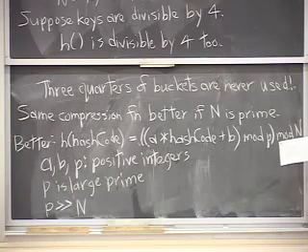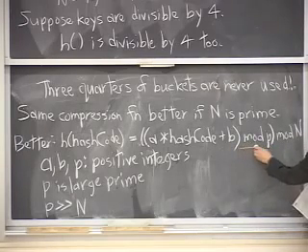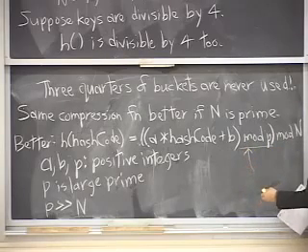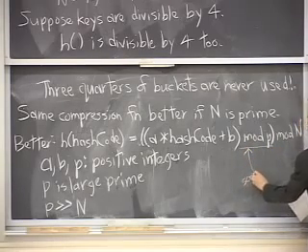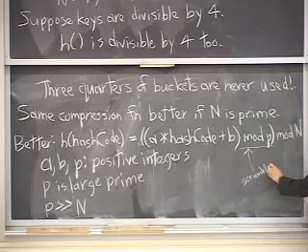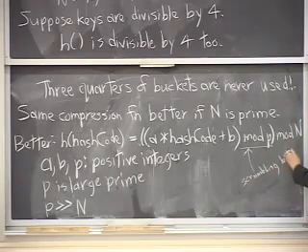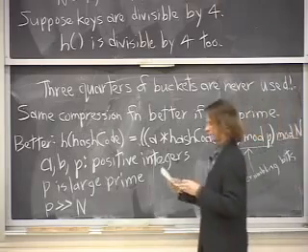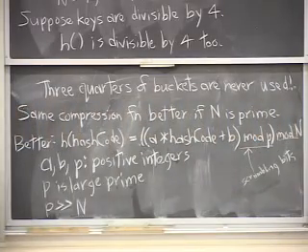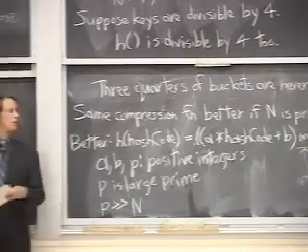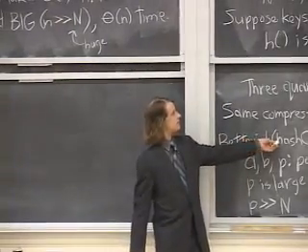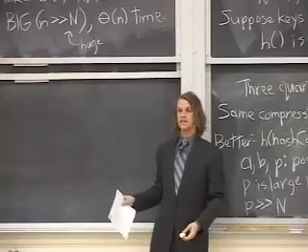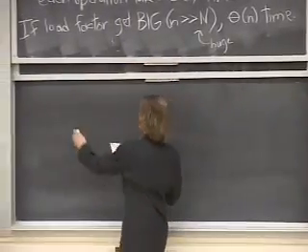A lot of you won't understand this till you take 61C, but you can think of this mod p operation as scrambling the bits really well. And then the mod N operation makes it fit in your table. And one of the obvious advantages of this over that is that now the size of your table doesn't have to be prime.